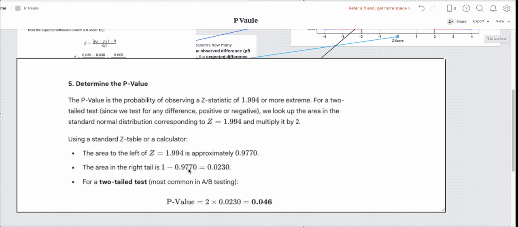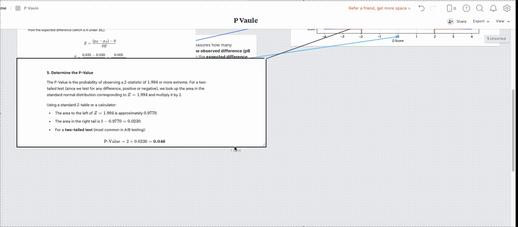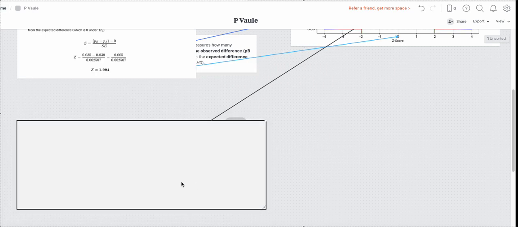If it's one tail, it's going to be 1 minus this, which will give you this number here. And if it's two tail, which is the A/B testing, that's what we're doing, it's going to be 2 times this number here, which is 0.0230, which makes it 0.046, and we can round that up to 5, right?